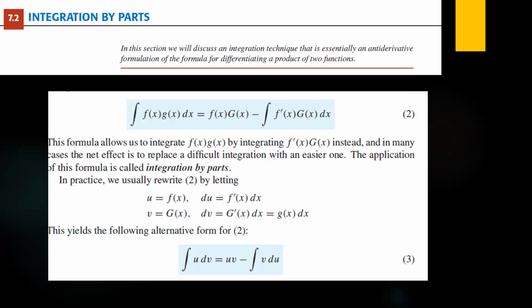Integration by substitution, as we discussed in chapter 4, is used when you look at two functions such as sine times cosine. You can say this is u, then you find du, then you integrate.